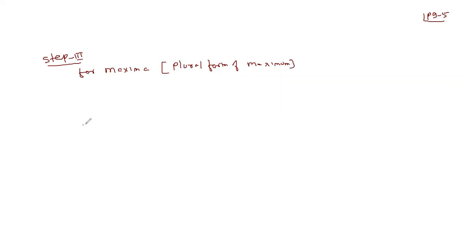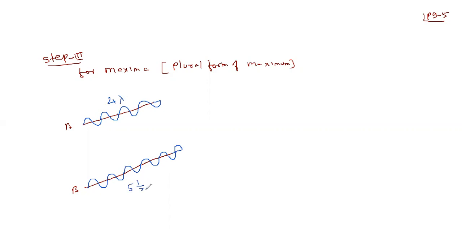So let us assume again the waves are coming from A and from B. From A, it is 1 lambda, 2 lambda, 3 lambda, 4 lambda. From B, 1 lambda, 2 lambda, 3 lambda, 4 lambda, 5 lambda, 5.5 lambda. So it is 4 lambda and 5.5 lambda.